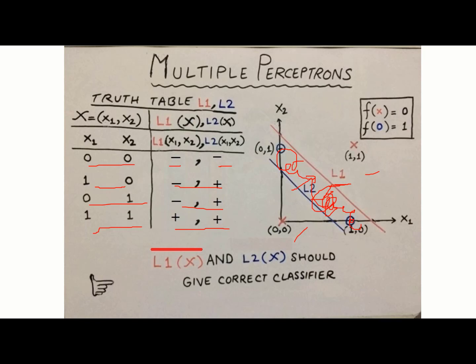So the logic goes that when L1 of x is negative, and to represent this I have put this bar over L1, and L2 of x is positive, it means we are talking about this region over here. And this is going to give us a correct classifier.